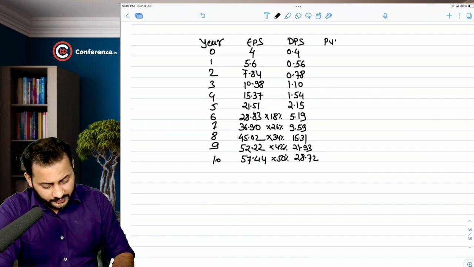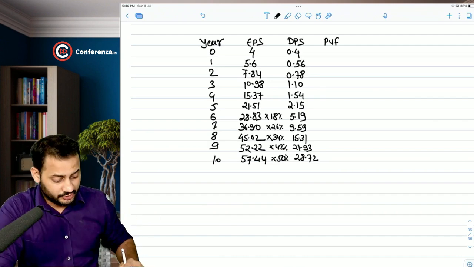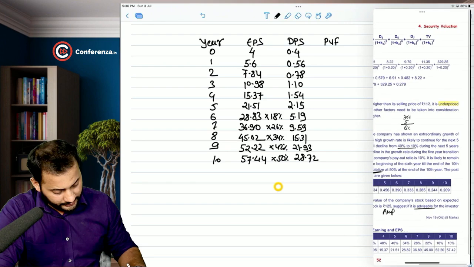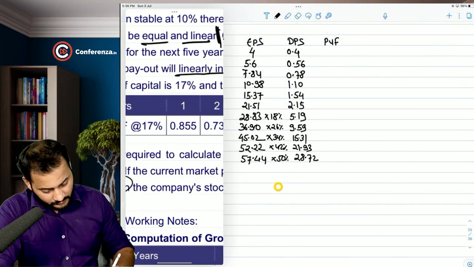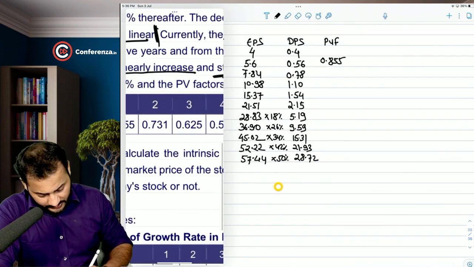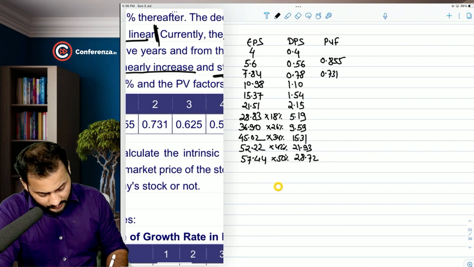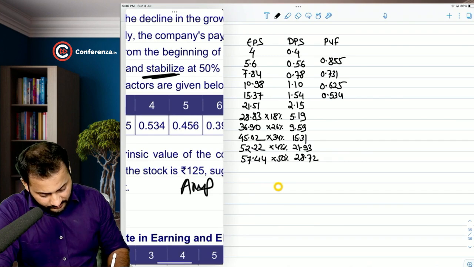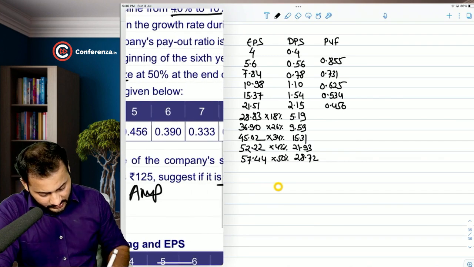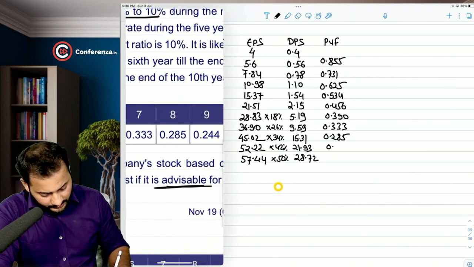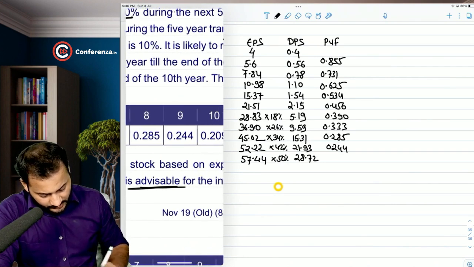Let's write down the present value factors given in the question, not by the calculator. 0.855, zeroth year doesn't matter to us. 0.731, it should also not be taken into account, zeroth year. 0.625, 0.534, 0.456, 0.390, 0.333, 0.285, 0.244, and 0.209.